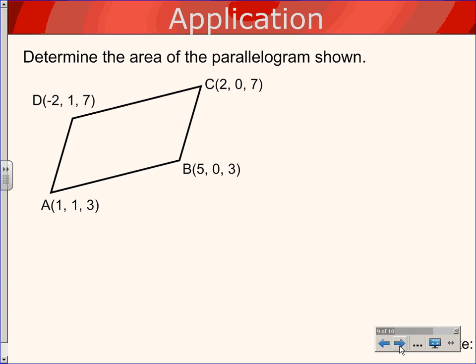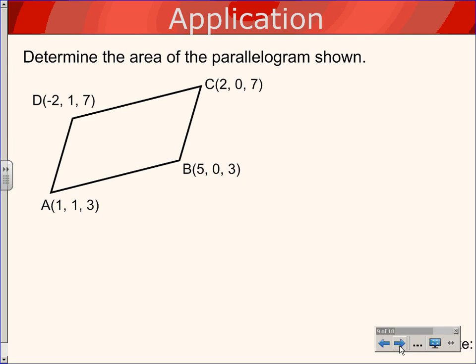We'll do it again right here, in fact. Determine the area of the parallelogram shown. The title there says application. It's a perfect application of using the cross product. Determine the area of the parallelogram shown. You've got 4 points. And notice that they're points, right? They're not vectors.